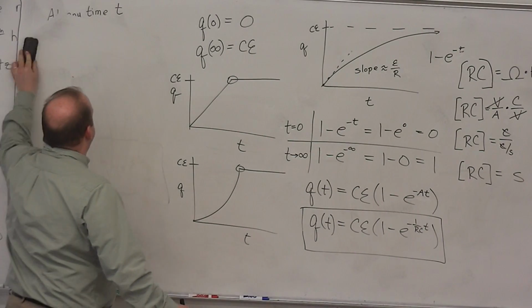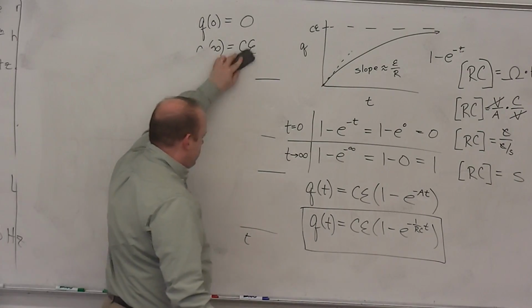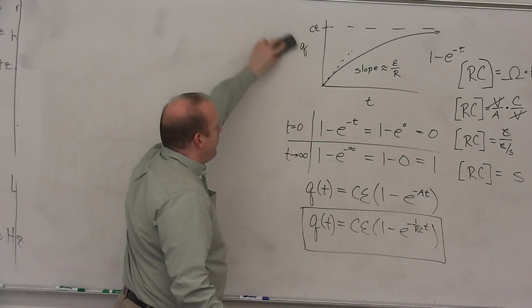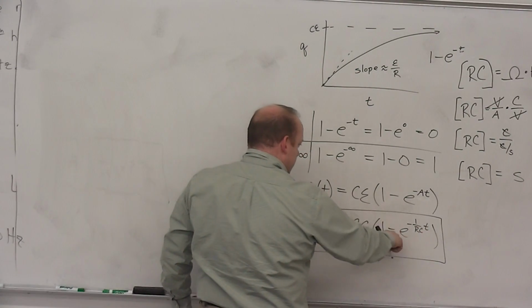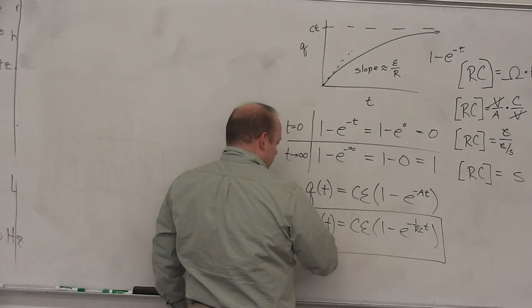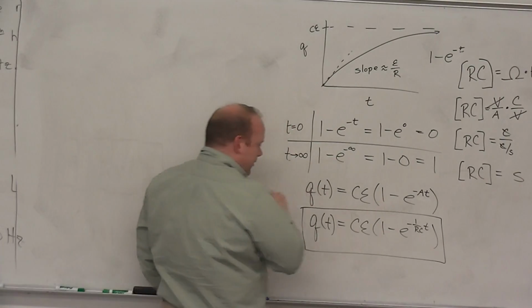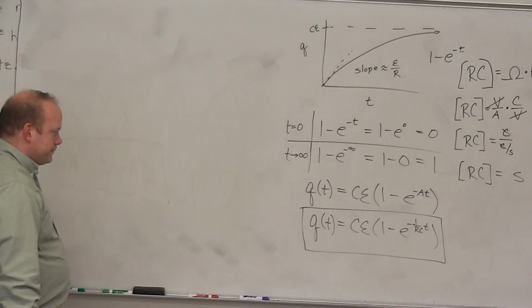You could be in fun calc and just take a look at what the function looks like. Okay? We know that we have to end at CE. We know that we have to start off at 0. If I plug in 0 here, okay, I get 1 minus 1, which is 0. Right? Initial charge is 0. If I plug in infinity here, okay, this drops off to 0, I'm left with CE. Okay? That function works.